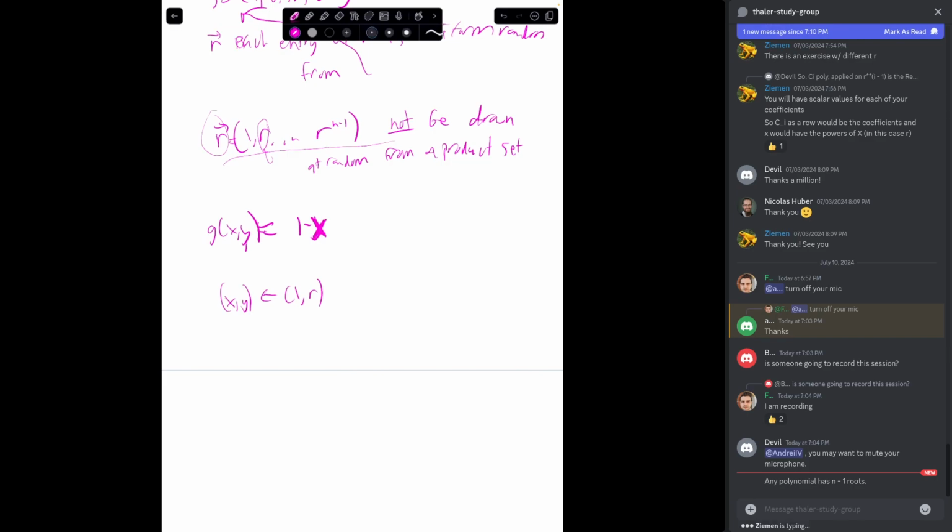If you set xy to be 1 comma r, then g of 1 comma r is just 1 minus 1, which is 0, for all x of this form.